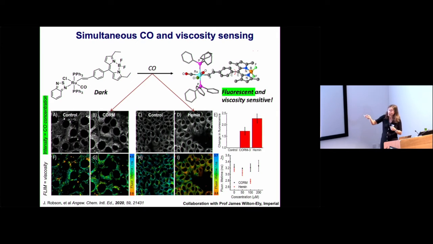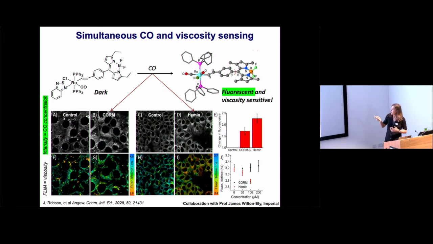However, in the presence of carbon monoxide, it reacts really fast and irreversibly, quantitatively. As a result, the electronic structure of this complex changes a lot, and it becomes fluorescent. But what we realized is that the molecular rotor attached to the complex retains its structure and function, and the lifetime of the rotor does not depend on whether the complex is bright or dark.